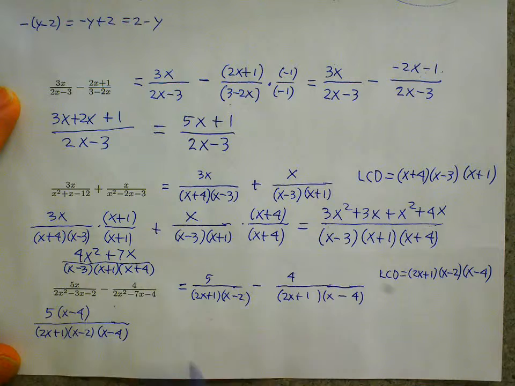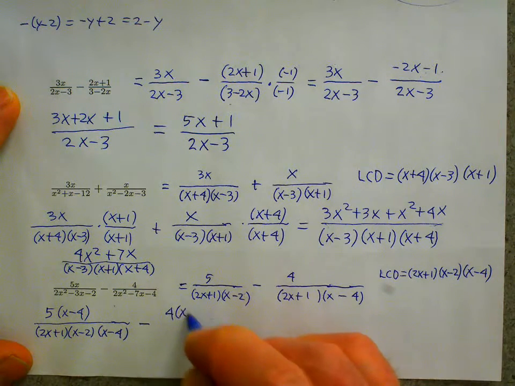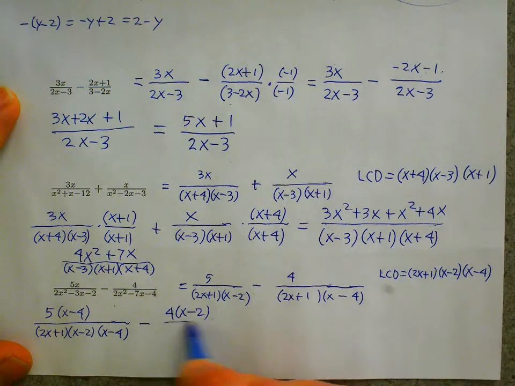And we're subtracting, so we're going to subtract 4 times quantity x minus 2 over the common denominator.